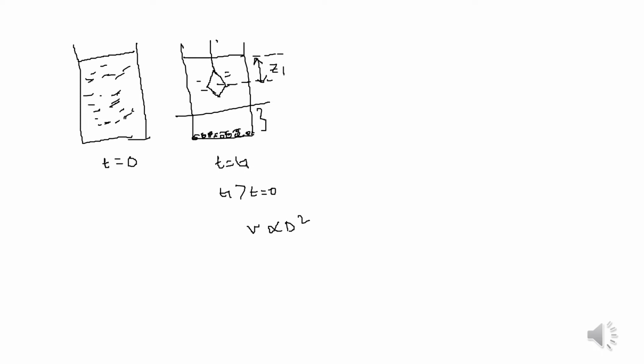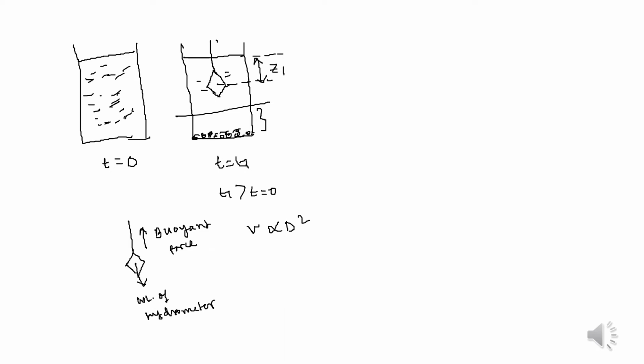Now basically an equilibrium of forces is happening on the hydrometer, right? The weight of the hydrometer is acting downwards and a buoyant force is acting upwards due to the soil suspension.